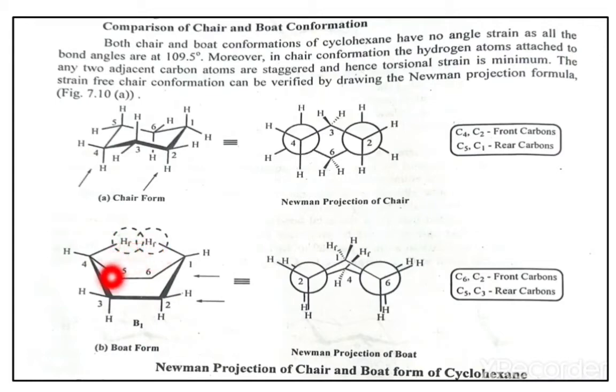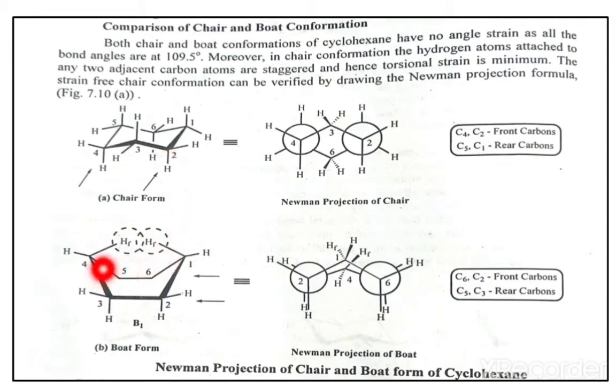Due to the presence of the flagpole hydrogen interaction, the potential energy of the boat conformation increases, and the energy of the boat conformation is about 7.1 kilocalorie per mole. That means it is higher than the chair conformation.